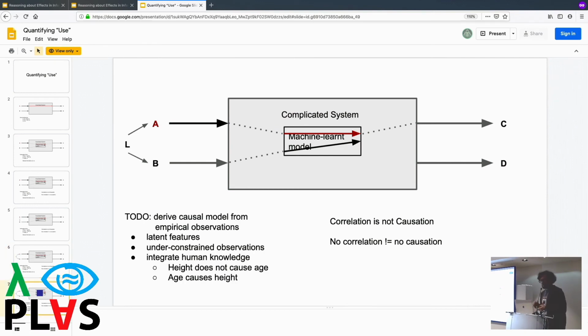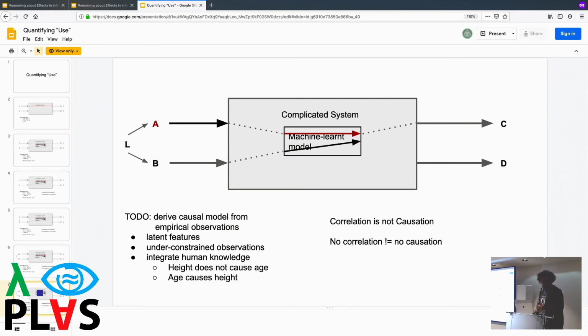So what I'm trying to do is derive a causal model from empirical observation. If A and B are some data set from which we're doing machine learning, can we derive causal relationships between the variables so that we can integrate it into some analysis to tell whether things are used even through statistical correlations?